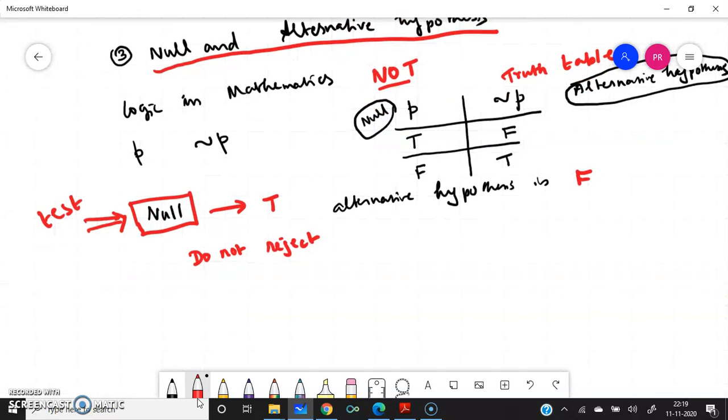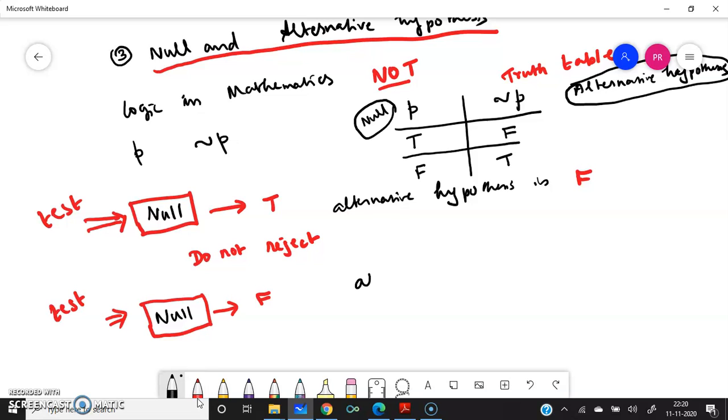Next, if my null hypothesis is false: how did I find this? I'm going to test it statistically. After testing, I understood that my null hypothesis is false.